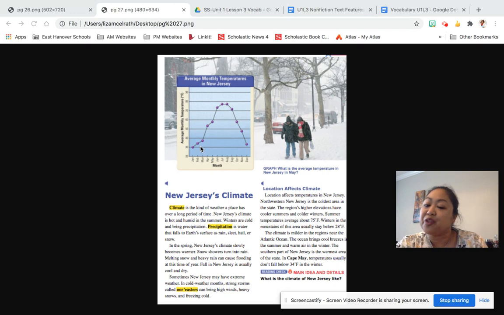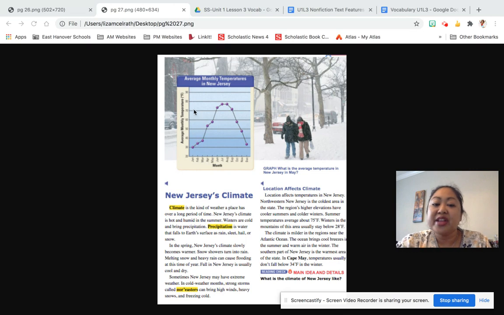What type of graph do you think that is? I don't think it's a pie graph. I don't see the pie circle shape. I don't see long bars going vertically or horizontally, so it's probably not a bar graph. So what kind of graph do you think that is? Yep, it's a line graph.